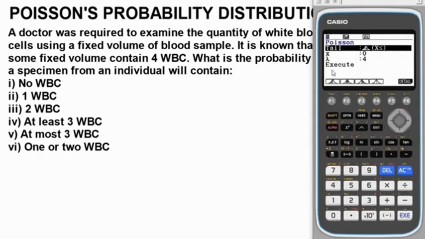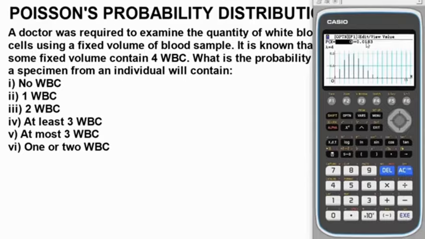Alright, you're going to solve when x is an equality value. Okay, so to put an equality sign for x here, we're going to press F4 for it. So as you can see, we have the equality sign here now. So let's go ahead now and get the probability that a specimen from an individual will contain no white blood cell. So let's find the answer.